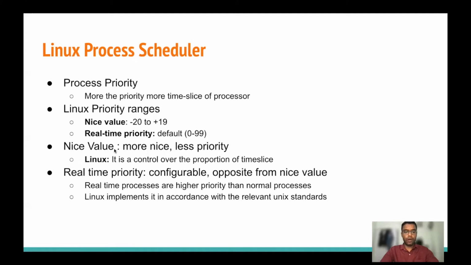If a process has a higher nice value, then it will get lower priority and hence a smaller time slice of a processor. Real-time priority is just the opposite of nice value. If some process has a higher real-time priority, then it will get priority over the other processes.